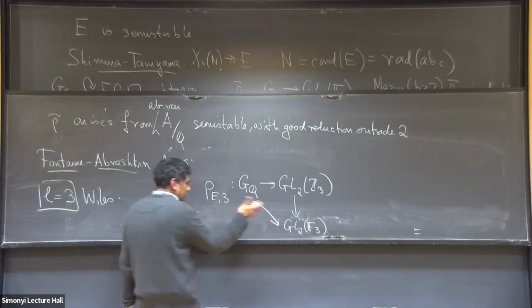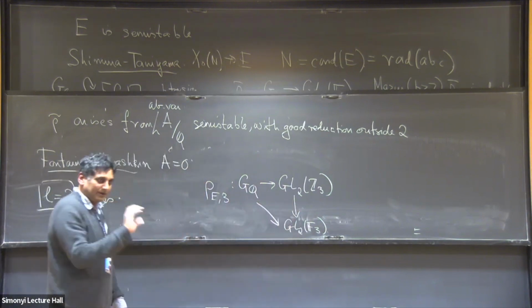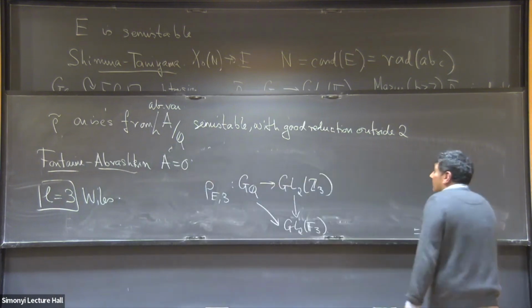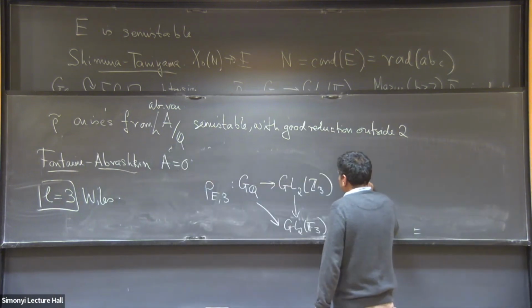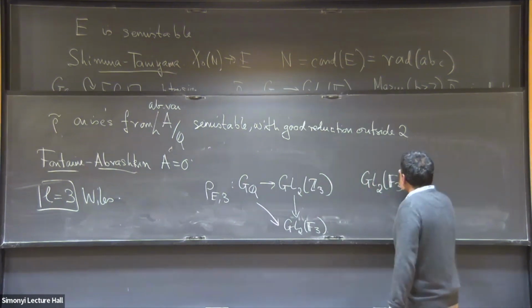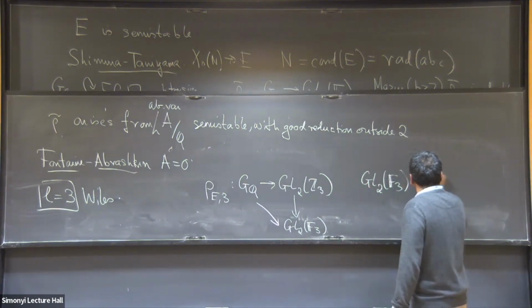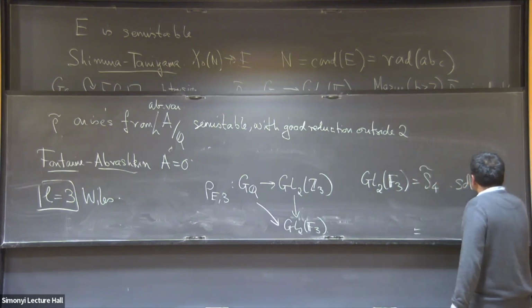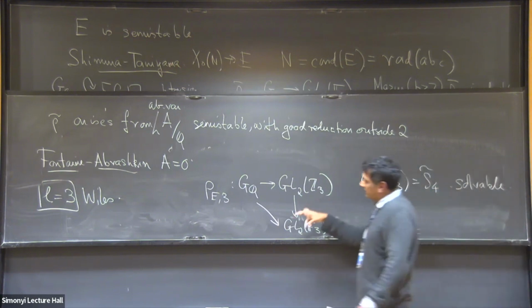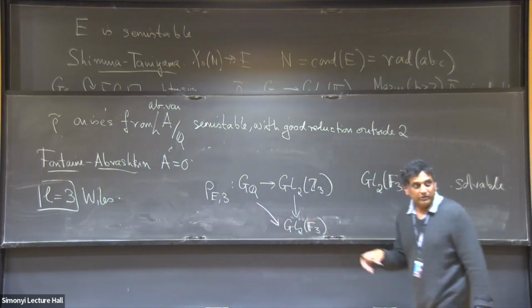First you assume that this representation has large image, and then there's this famous 3-5 trick, which allows you to get around that. Now the advantage is that GL2 F3 is a solvable group. It's a double cover of S4, solvable in particular. So you can apply Langlands-Tunnell to satisfy this assumption that the residual representation is modular.